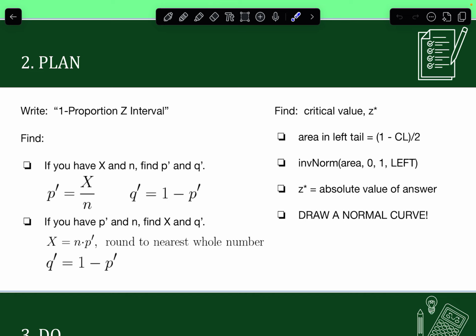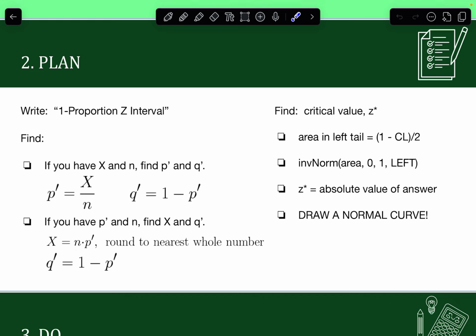Sometimes for proportions, you'll be given the sample proportion and the sample size. And if you're using a TI-84, you're going to need x, which is the number of successes. So in this case, if you're given p prime and n, you need to find x and q prime. Q prime is the same, 1 minus p prime. To find x, you're going to do sample size times sample proportion, n times p prime.